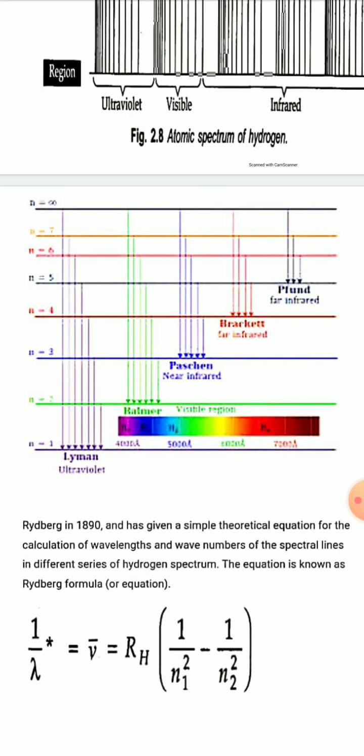So first the hydrogen atom becomes excited, and after that, when it radiates energy, the electron comes back to a lower energy shell. When electrons move to a lower energy level, they radiate energy, and from this radiation we get the spectrum of hydrogen.